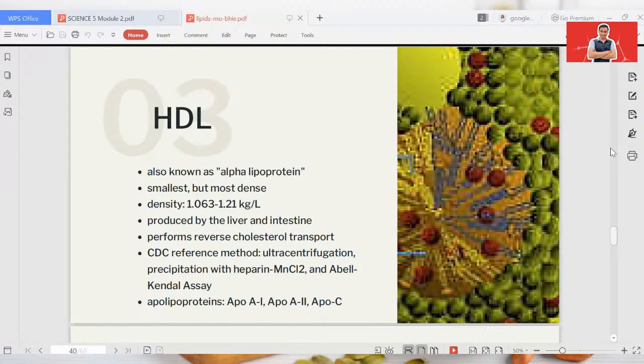In normal lipid metabolism, it performs reverse cholesterol transport. HDL removes excess cholesterol from our peripheral tissues and transports it to our catabolic sites. This function has an anti-atherogenic effect.